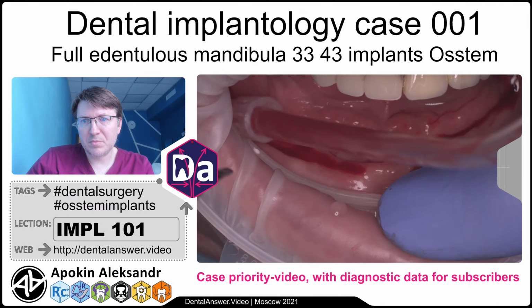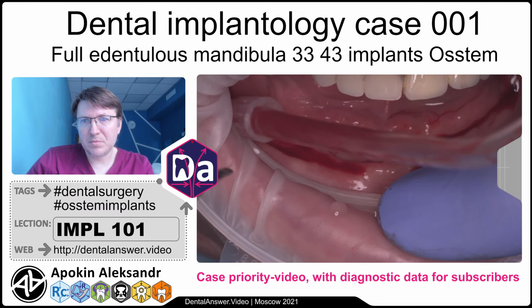We touch the cortical bone, find the ridge of the bone, and start the drilling. Not very deep, about 7 millimeters, maybe 8 millimeters, just for position.